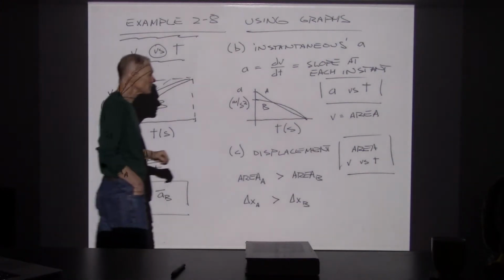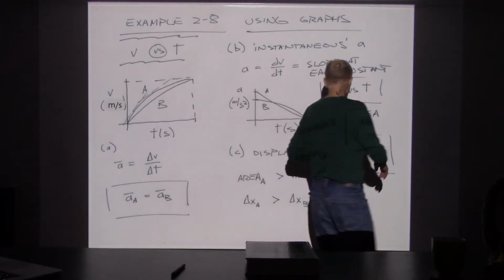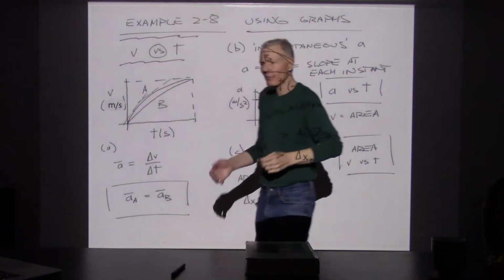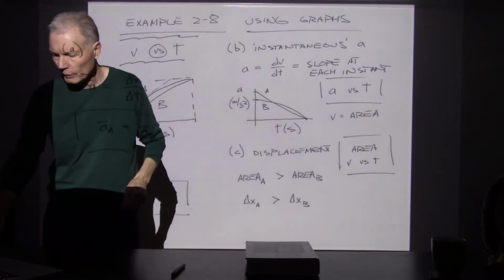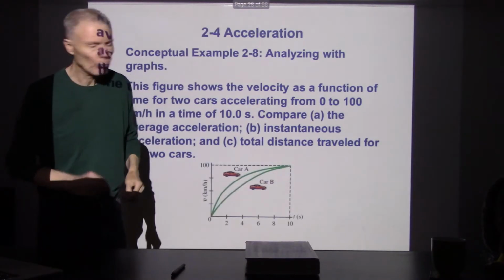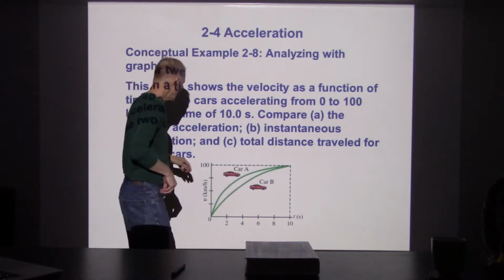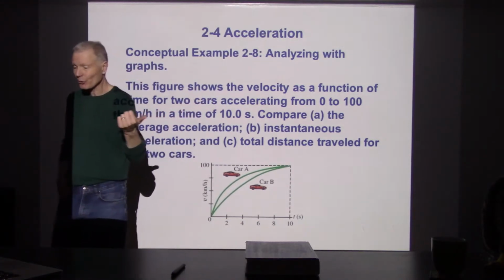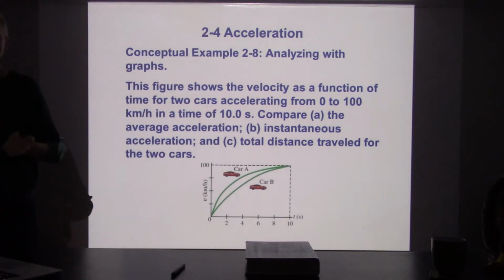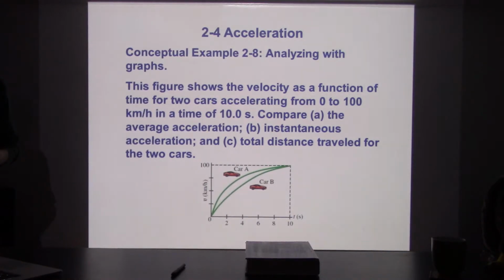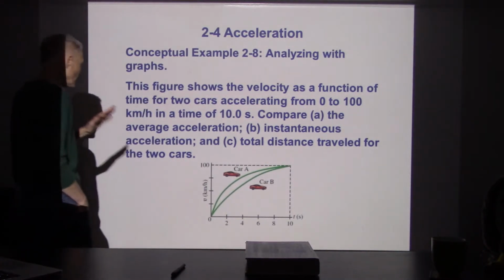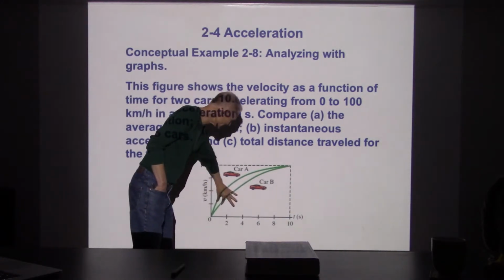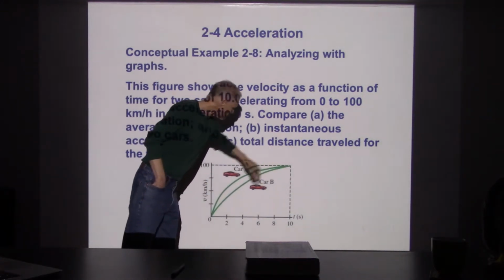Now for displacement, again, we could use graphs, but this time we want to use the v versus t graphs, and well, we've got those. So we could actually go back to these more carefully drawn graphs. This is v versus t. The areas under those curves are going to tell us what the total displacement was. So we have a nice graphical technique: car A has traveled that slice right inside here.